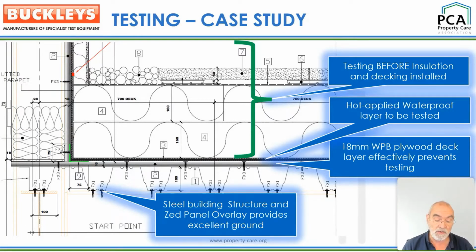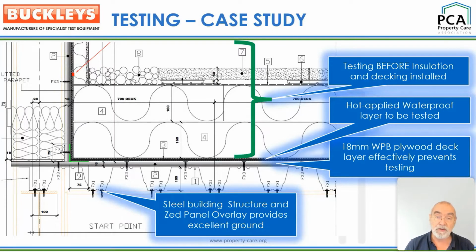Clearly, there's no way of using portable inspection equipment to test the hot applied waterproof layer if it simply isn't accessible. Presuming that access to the waterproof layer is possible before the insulation and other parts are installed, there is a second issue. If the WBP had been screwed down and coated whilst bone dry, it will be a very effective insulator.